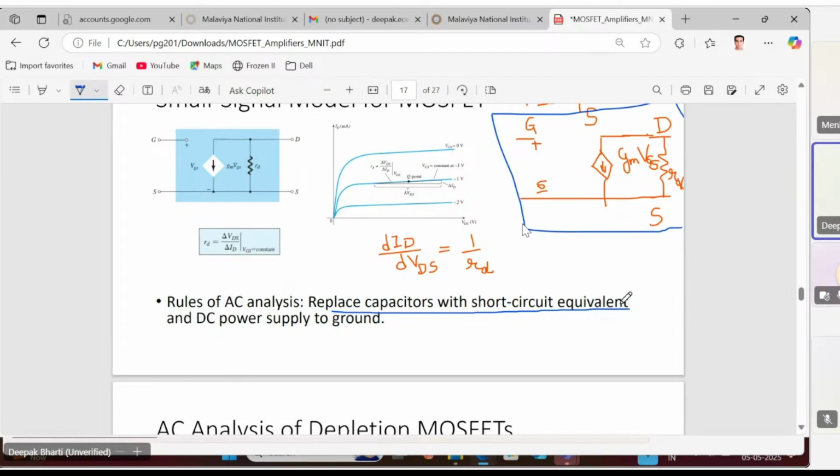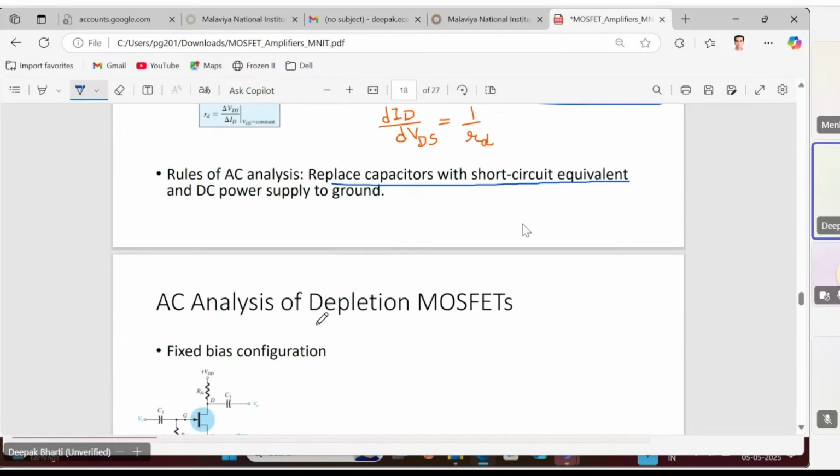And all the DC power sources or DC power supplies should be put to ground. So what had we done in the DC analysis? In the DC analysis, the capacitors were replaced with open circuit, because capacitors block the DC, whereas they pass the AC. So that's why in the AC analysis, capacitors need to be replaced with short circuit and all the DC sources should be put to ground.